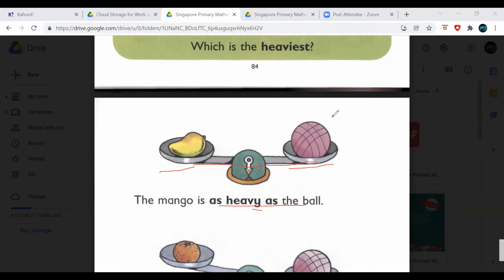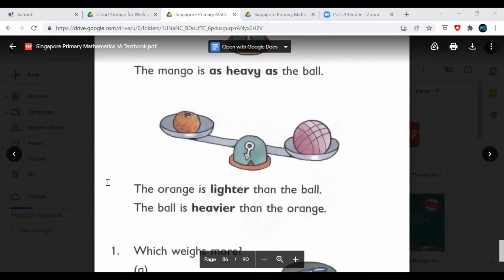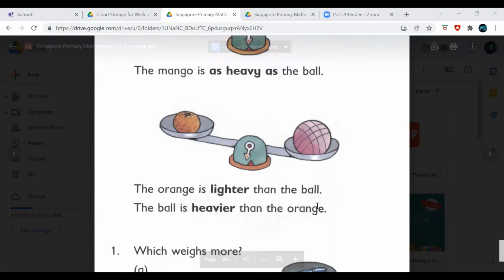So if, say, the ball is heavier than the mango, then it would look very different. Then it would look something like this. The ball would be heavier, so it would tilt like that. Okay, the orange is lighter than the ball, and the ball is heavier than the orange.